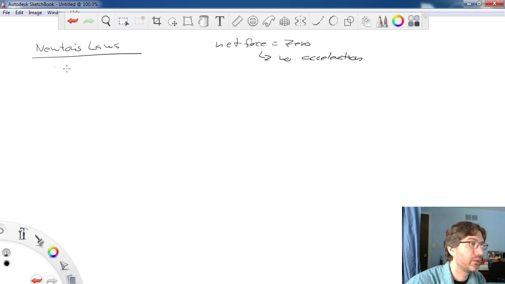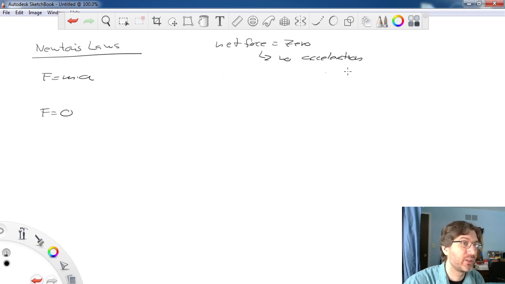Newton's second law is force equals mass times acceleration. You can name it that all you want. This is really what it is. It's this formula, right? So if we have a net force of 0, so force here equals 0 because our net force is 0, our acceleration has to also be 0. That's Newton's first law saying that. And that makes sense because you can't have an object without mass.